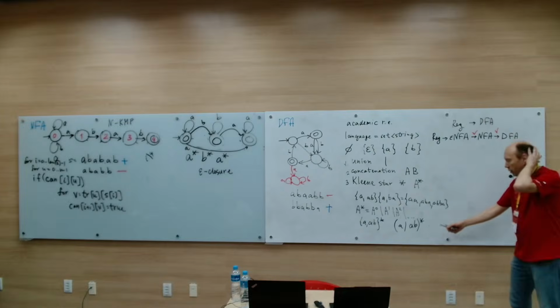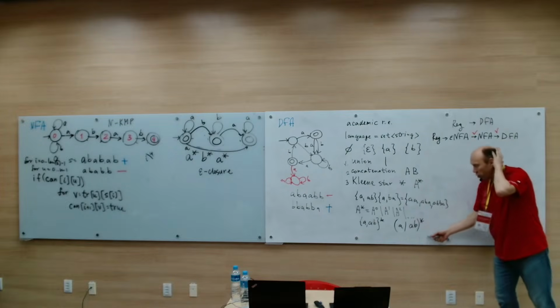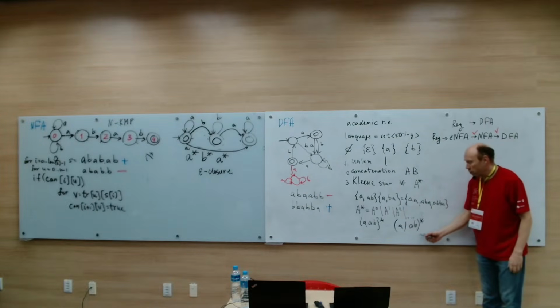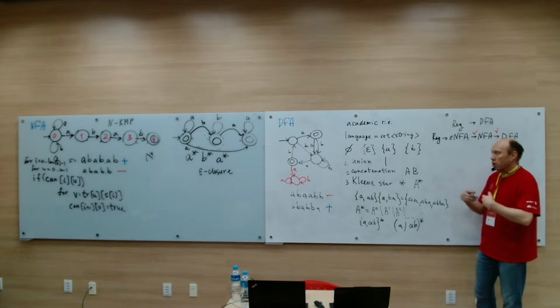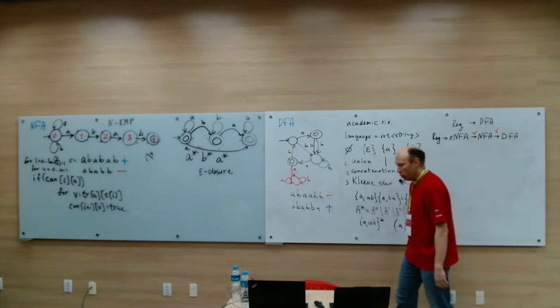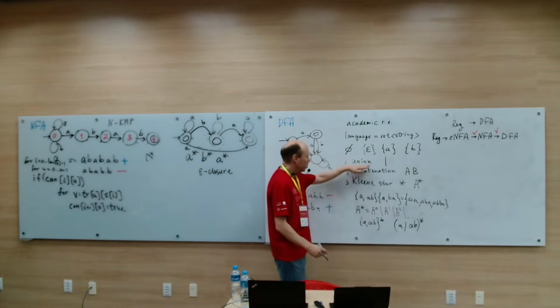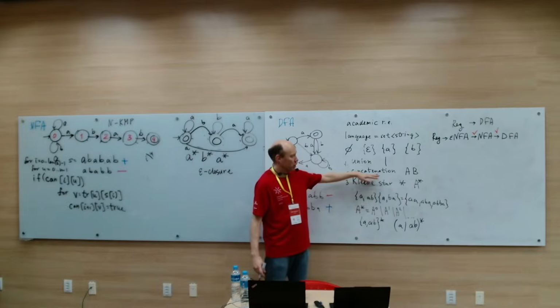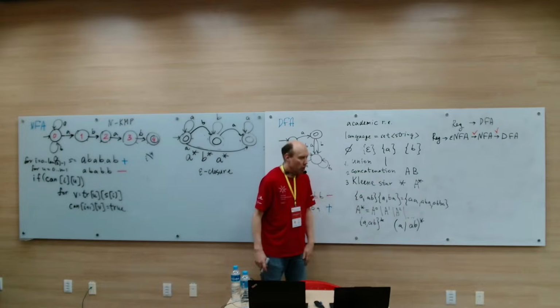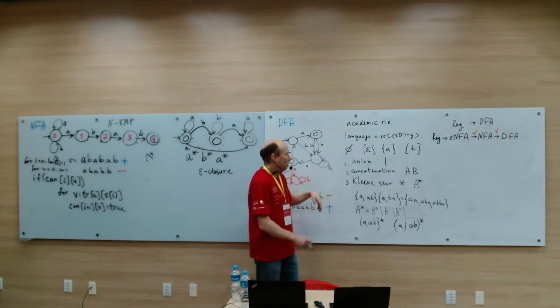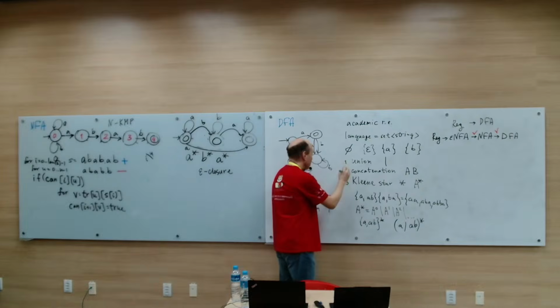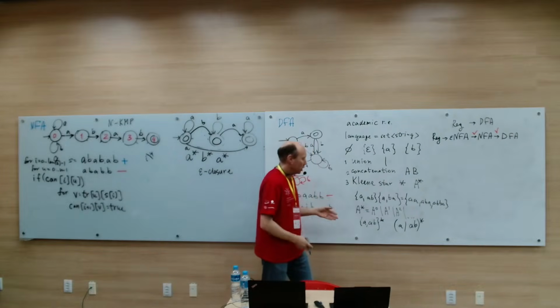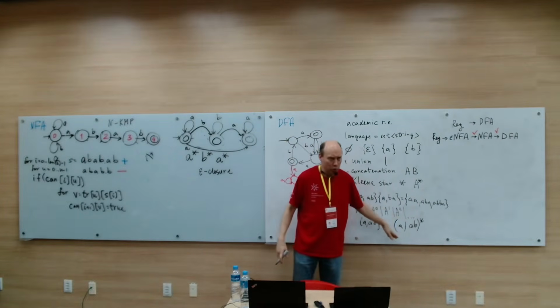So why do we have such a regular expression? I use parentheses because of the priority of the operations. This is the lowest priority, this is the highest priority, this is average priority. So this is the agreement that we use brackets to change the priority, as we usually do in arithmetic.